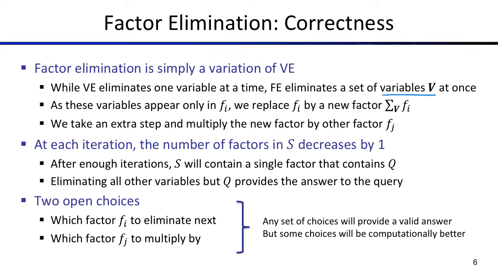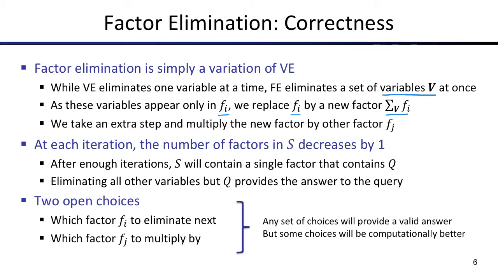So these variables are only occurring in this factor and not in any other factor that we still have in the factor elimination process. So it's guaranteed that we can eliminate those variables because there are no other factors mentioning those variables. So as these variables only appear in Fi, we can replace Fi by a new factor that's going to be the factor Fi after the elimination of all the variables V. And something that is slightly different from the variable elimination algorithm is the fact that we take one extra step.